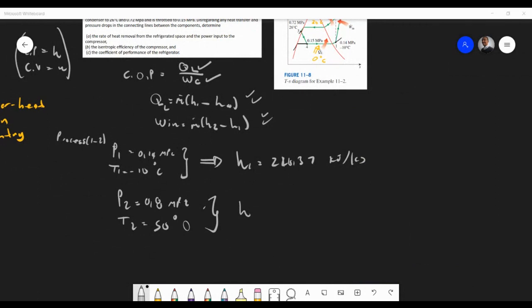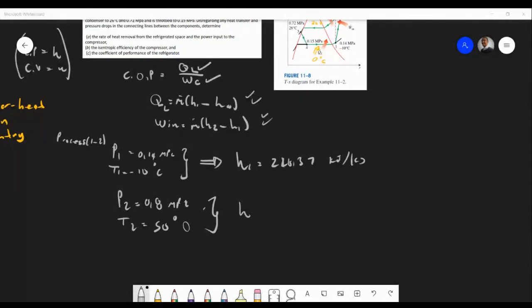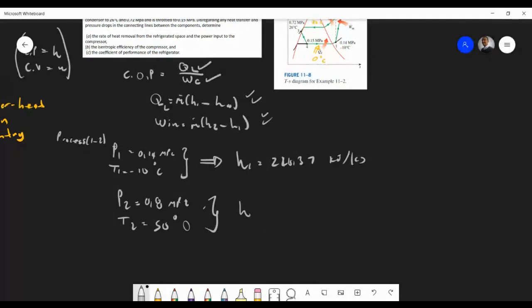So I'm making you aware that that is H2 actual. So let's write H2A, right? Because remember, we're required to find that isentropic efficiency. So make sure you call that H2A.